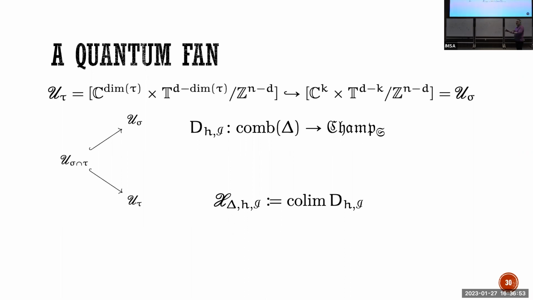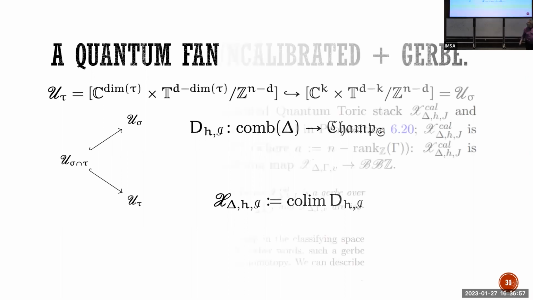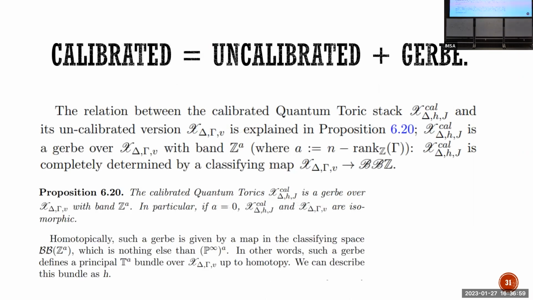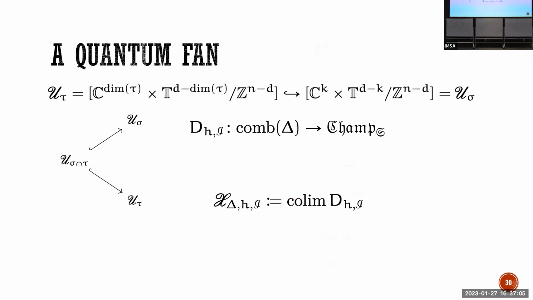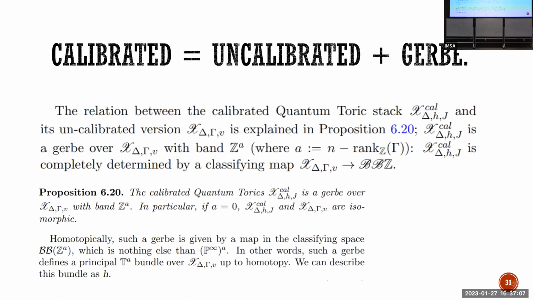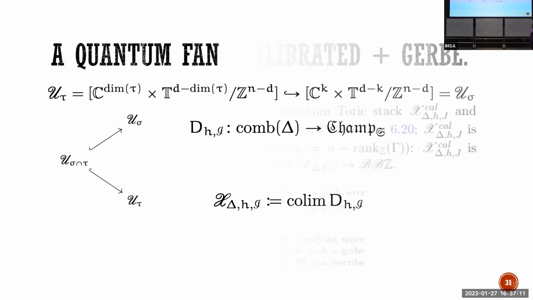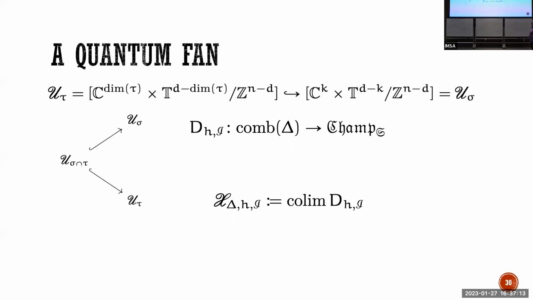To every quantum fan, you get one of these stacks, the quantum toric variety. And again, in general, if you remember, H is calibrated, and then you can forget H and take the stack by just dividing by gamma, not dividing by the action as here. Here I'm dividing by this action, but you could divide by gamma.